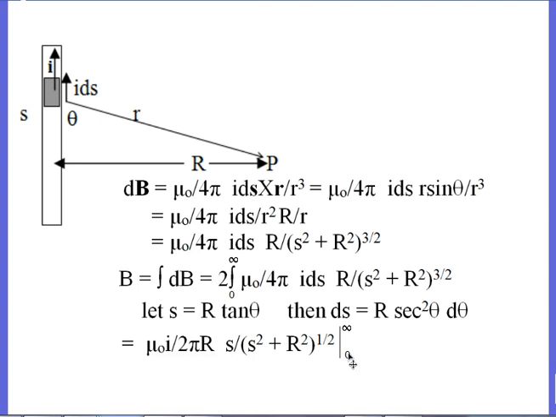And as s goes to 0, this goes to 0. So you end up with just this quantity when you evaluate it from 0 to infinity. Mu naught I over 2 pi r. And of course there is this direction as well, which you have established.